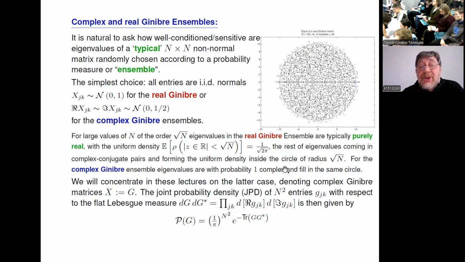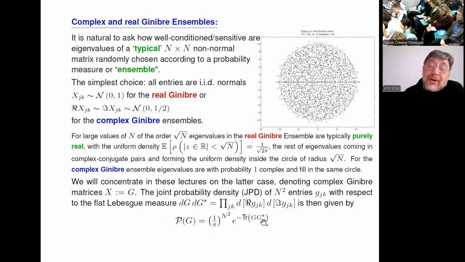Now, as I mentioned, we mainly concentrate in these lectures on complex Ginibre ensemble, starting with writing the joint probability density of all its entries. A complex Ginibre ensemble I will denote by capital G, and the joint probability density with respect to flat Lebesgue measure is just given by exponential minus trace of the Ginibre matrix times its conjugate.